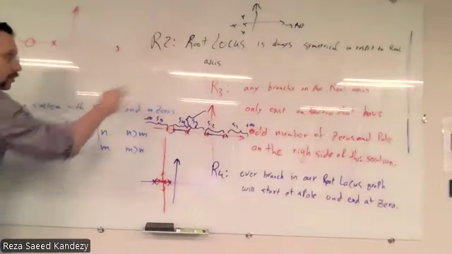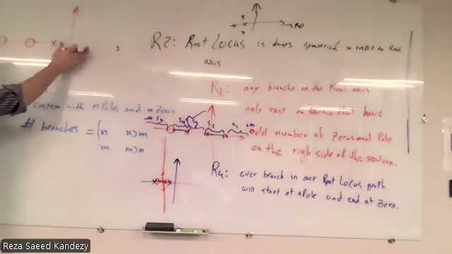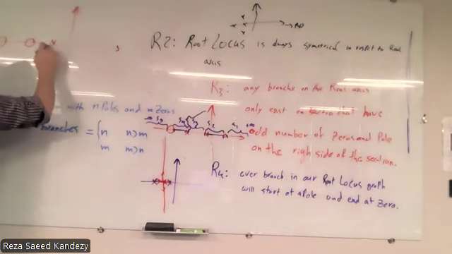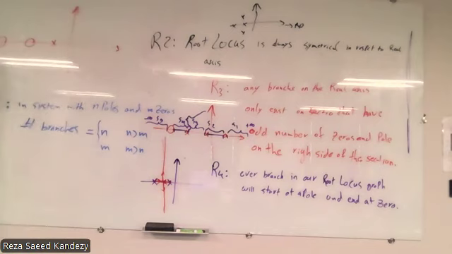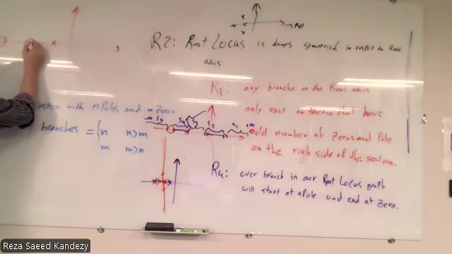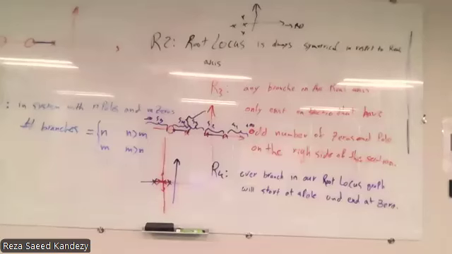Now, what would happen if we are short for a pole? First of all, using the rule 3, we know we are not going to have any branch on the real axis from this pole to plus infinity. This section would be in our sketch. This one is not, and this one it is.